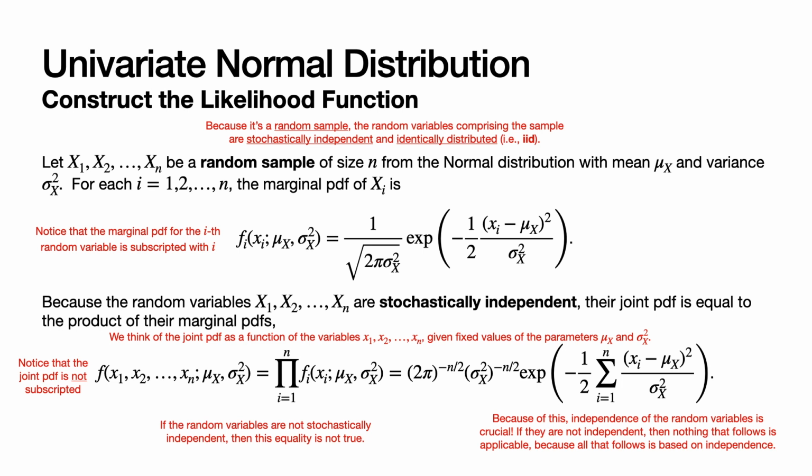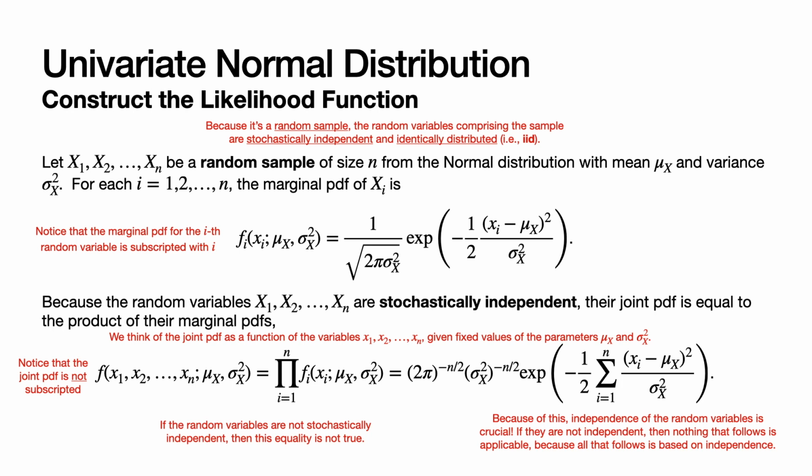Now we think of this joint PDF as a function of the variables x1 through xn given fixed values of the parameters mu sub x and sigma squared sub x. This is reflected in the notation, specifically in how we list the arguments to the function. We have x1 through xn before the semicolon, and so they are considered as variables.